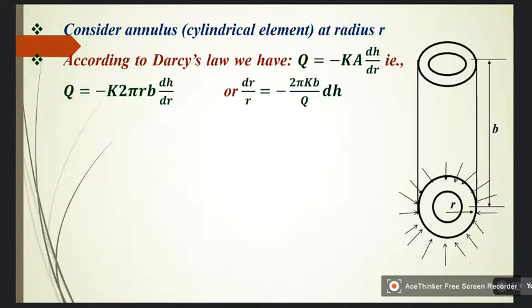According to Darcy's law, Q is equal to minus K A I. What is I here? I is dH by dr, the slope of the hydraulic gradient line or phreatic surface. What is A here? The area of flow.